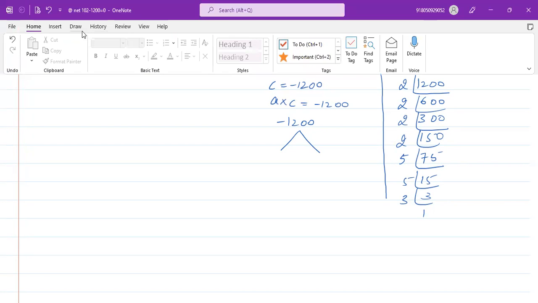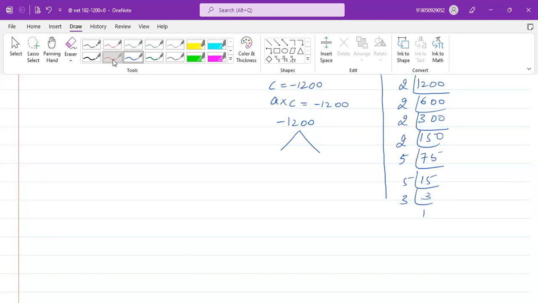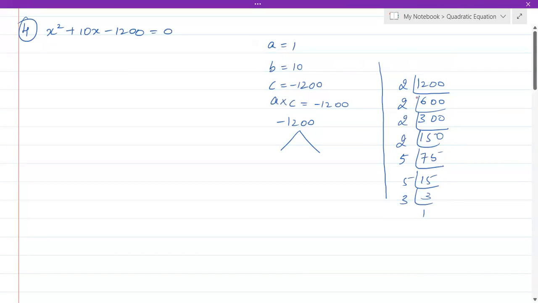Now here what you're going to do is you will make two groups out of these numbers that you have got, which I'm marking. It is not necessary that both the groups should have the same amount of numbers. You can have any amount of numbers in each group. For example, I'll take all these 2s as one group, and all the other things, 5, 5, 3, as another group.